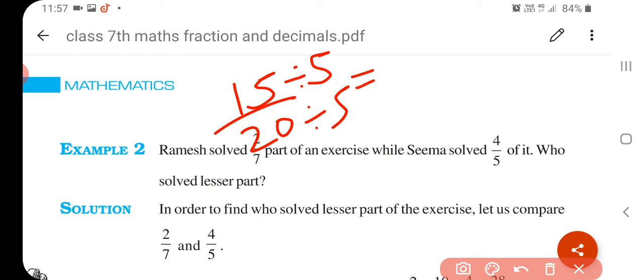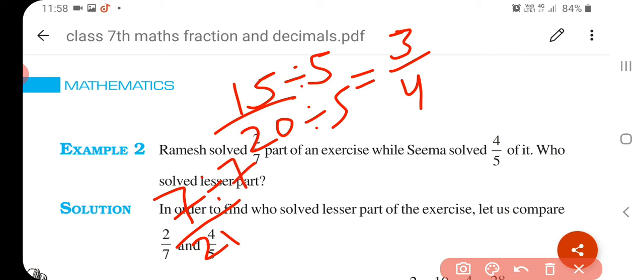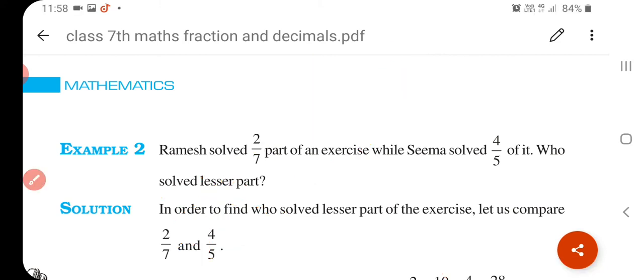So you divide by 5, that is 3 upon 4 is your equivalent fraction. One more example, if you want to find the equivalent fraction of 7 upon 21. See here, if we divide by 7, then we easily find 1 upon 3 is my answer. Okay, so you have to find equivalent fractions by both methods. First is by multiplying and second one is by dividing by the common factor.